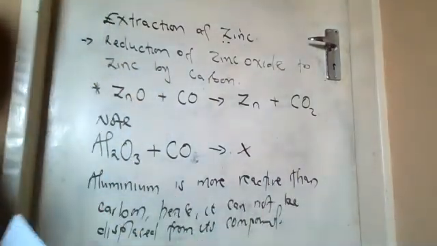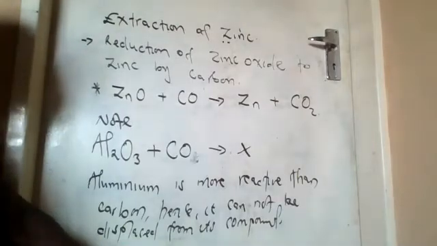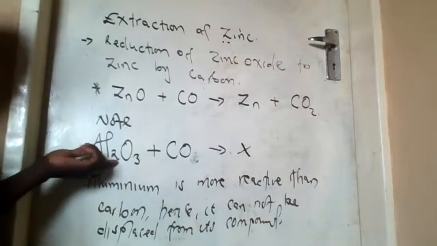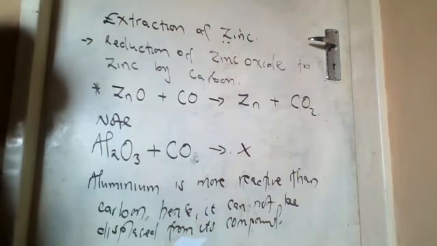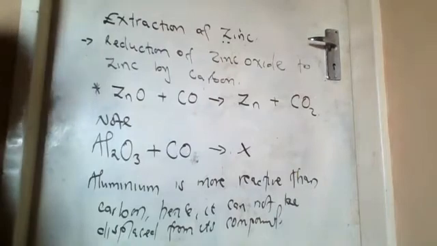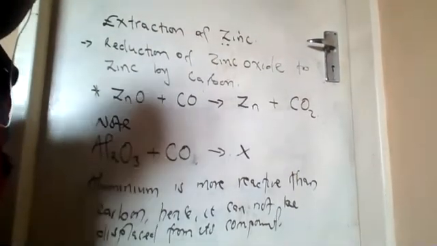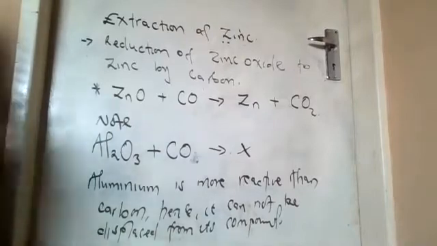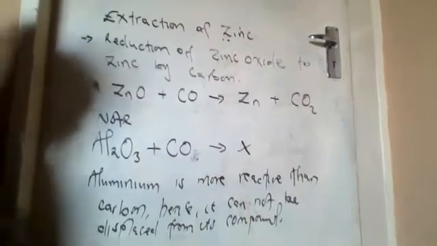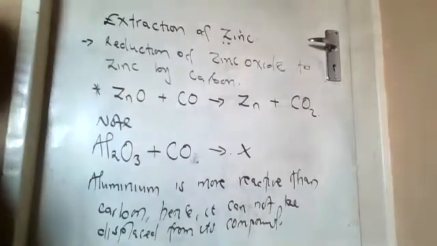So when they ask why aluminium cannot be extracted by reduction with carbon, it is because aluminium is more reactive than carbon, and because of that, it cannot be displaced from its compound of aluminium oxide. Any questions? Okay, so that is how that goes.